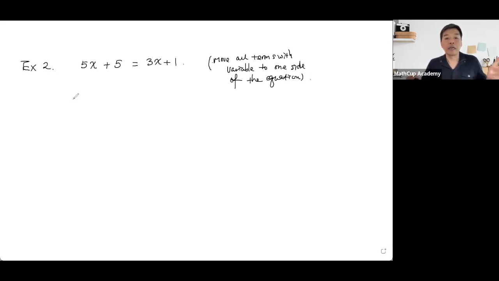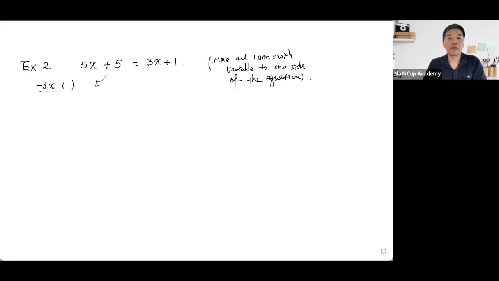And the tool again is applying identical operation to both sides of the equation. So let's think how we move the 3x to the other side. Well, we get rid of the 3x on the right side by minus 3x both sides of the equation. I'm going to do that to both sides.